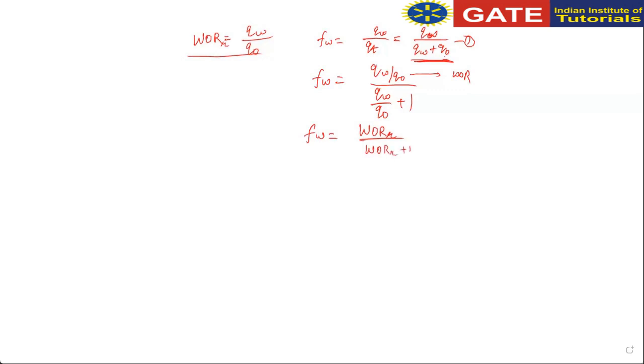And you can calculate WOR from here: WOR equals FW over 1 minus FW, simply by arranging the equation.